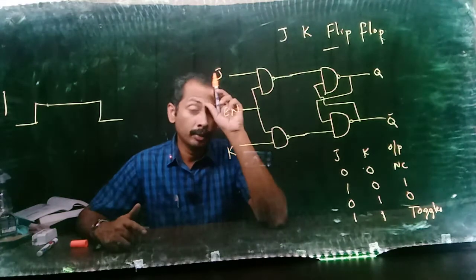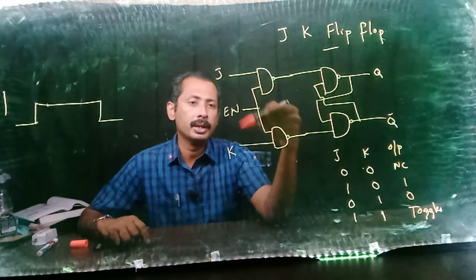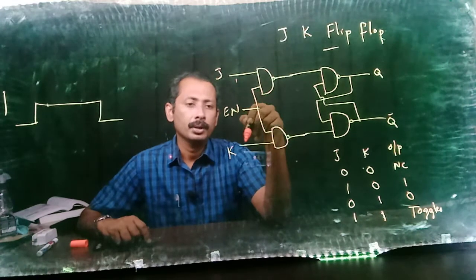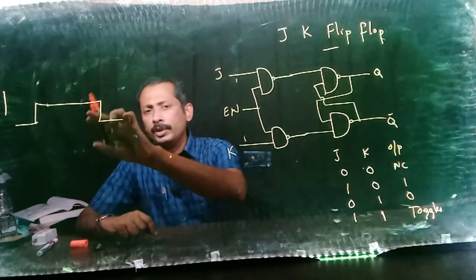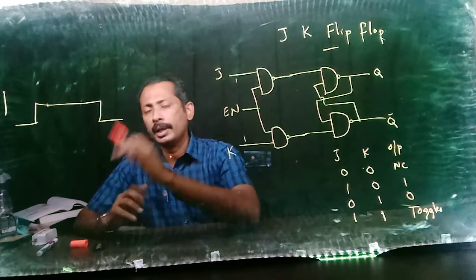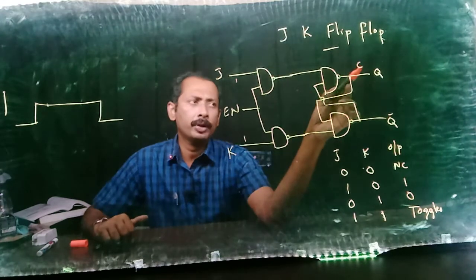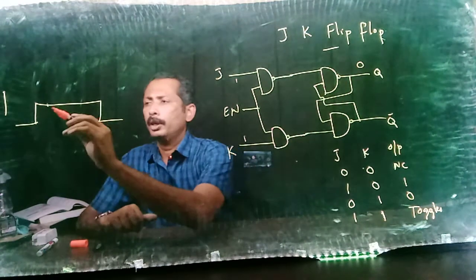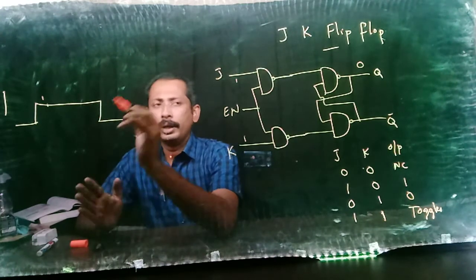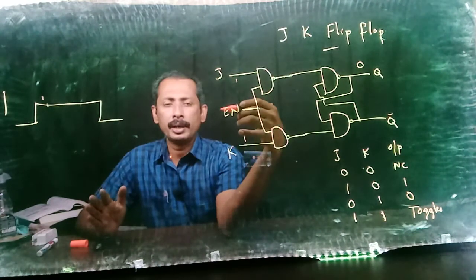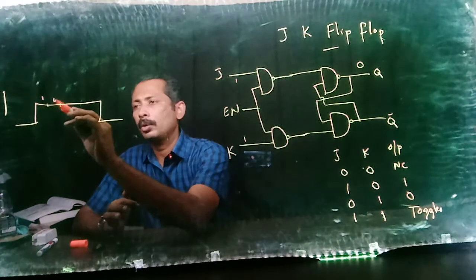But for the toggle condition, if J and K are 1, and if the width of this pulse is very much more than the response time, then if the Q was 0, during this time the Q will become 1. Again J and K are 1, enable is active, and so again it toggles.